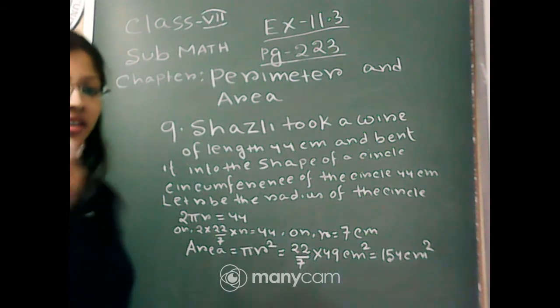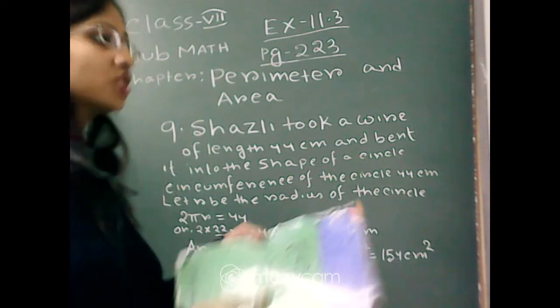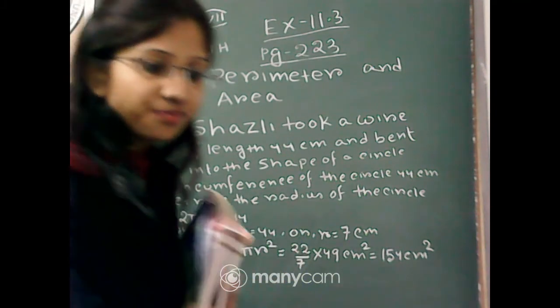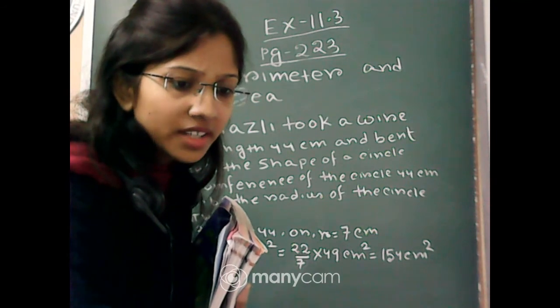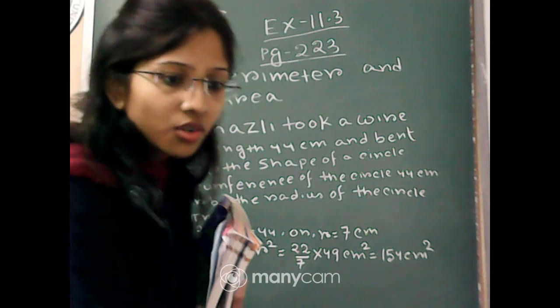Is it clear? Up to this portion, any problem? Next we will find the area of the square. Okay. We will find the area of the square.